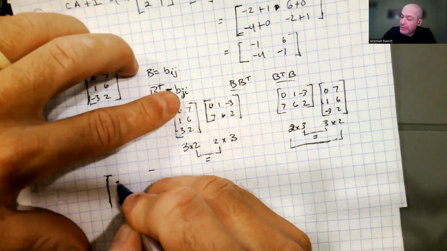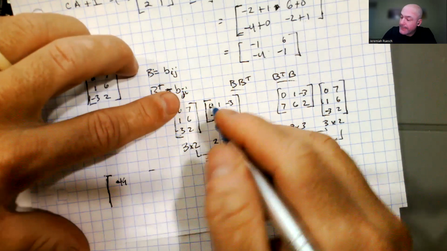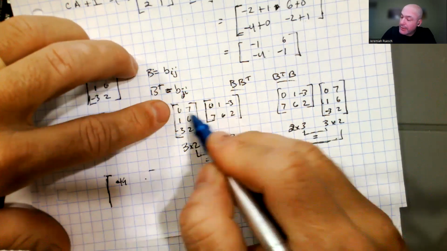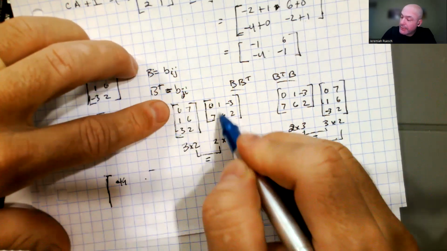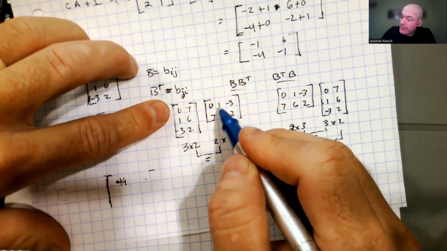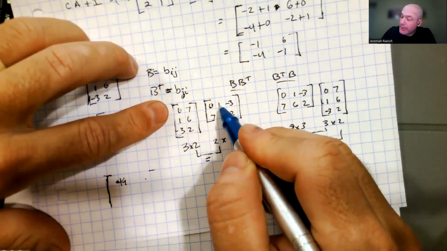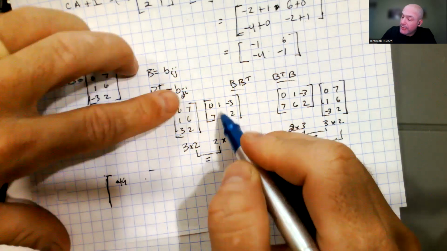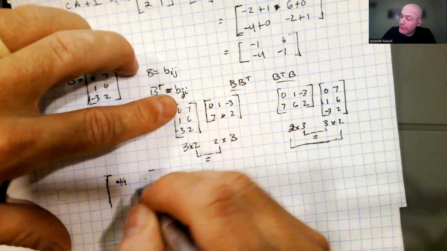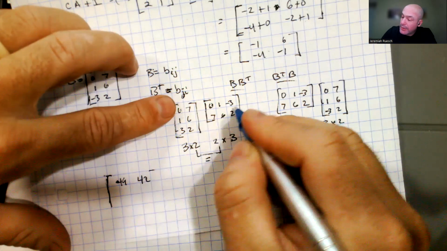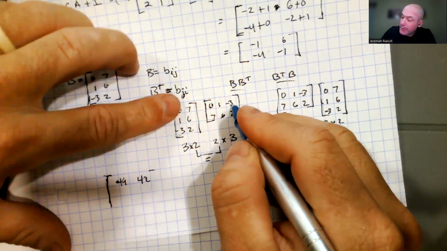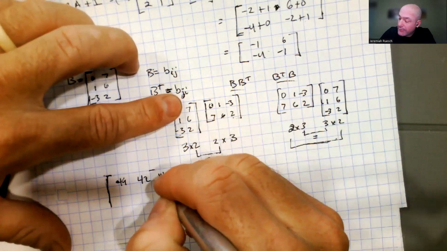And so that would be 49. And then for the second one, you're going to take this row and multiply it by this column. So 0 times 1 plus 7 times 6, and you add that together. So that's 42. And then the last one, you're going to multiply 0 times 3 and 7 times 2. So that's going to give you 14.